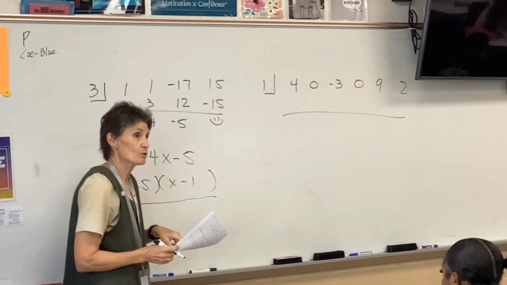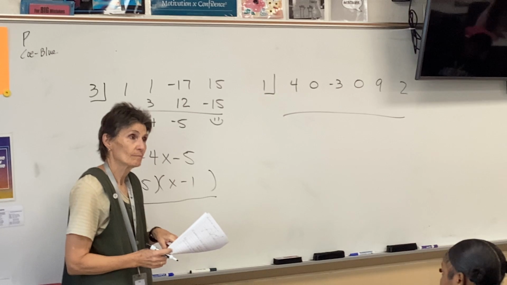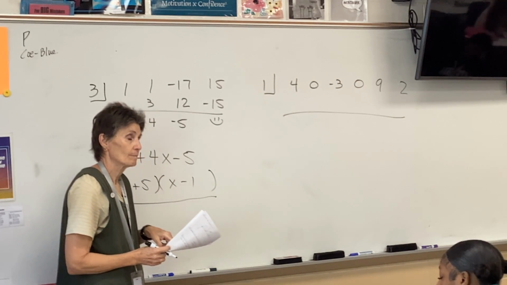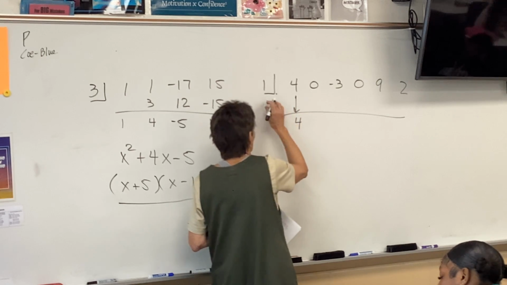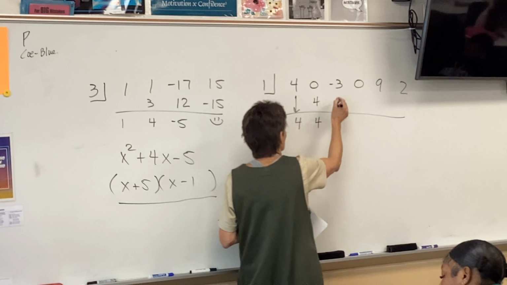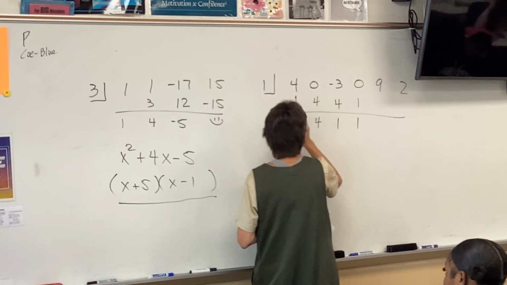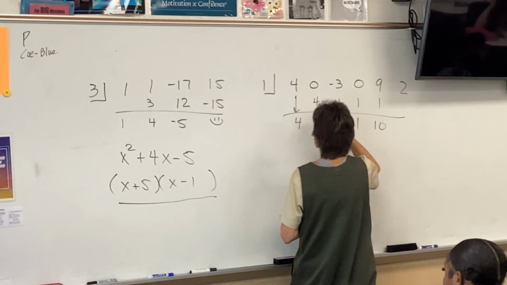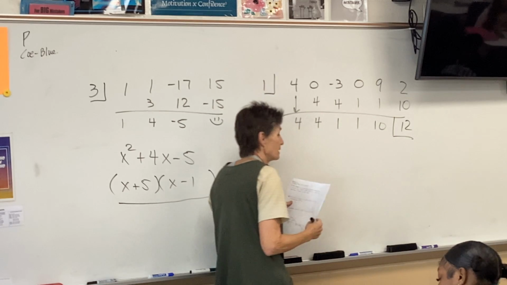Because there's no x to the 4th and there's no x squared. One times 4 is 4. 1 times 4 is 4. 1 times 1 is 1. I got 12 out here on the end, as my remainder.